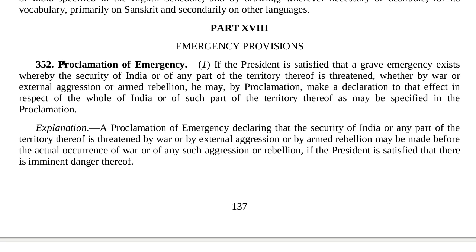Article 352. Proclamation of Emergency. 1.